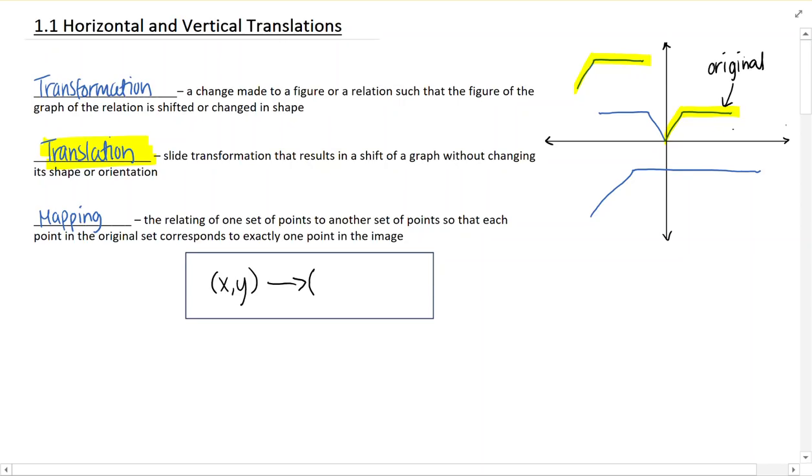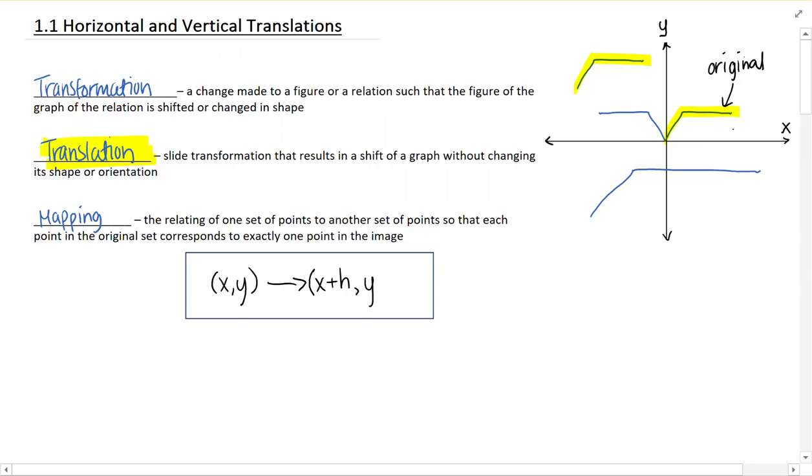Just to point out, remember, the x value is the left to right axis, the horizontal axis, and the y value is up and down, also known as the vertical axis. So the x value will take care of anything moving left and right, and we say that is affected by some h value. You could think of h as horizontal, h for horizontal.